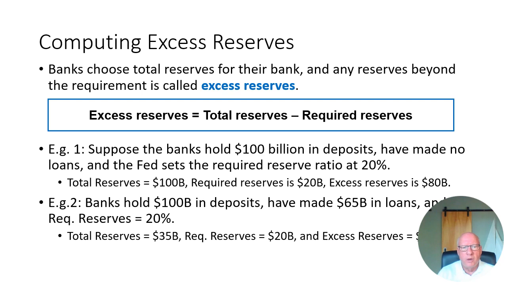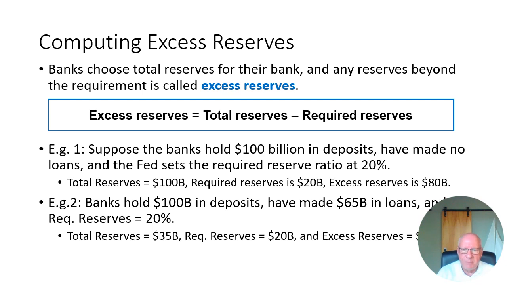So let's just run through a quick couple of examples I've got here on our slide. In example one, let's assume the bank has $100 billion in deposits, and it's a brand new bank, so they've not made any loans yet, so all the money is literally sitting in the vault in deposits. We're assuming the Federal Reserve sets the required reserve ratio at 20%. Then we can do the math pretty simply.